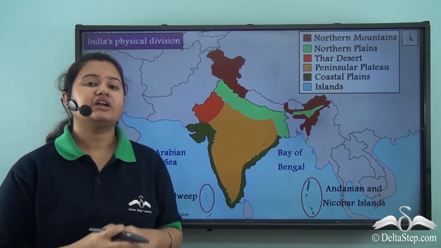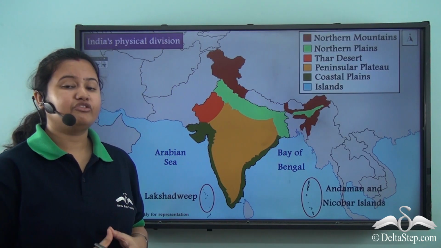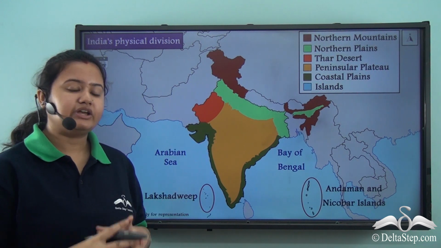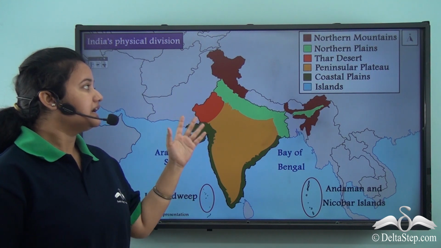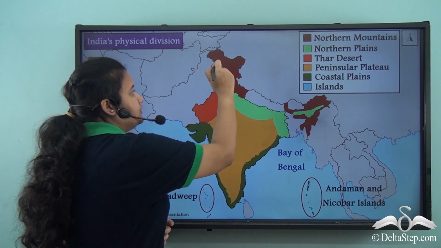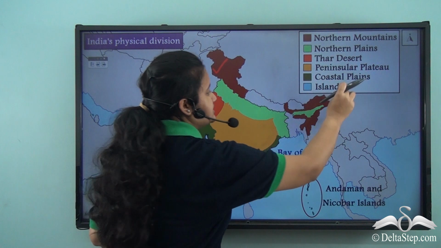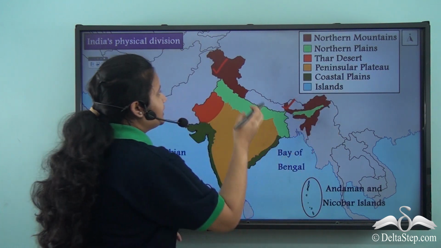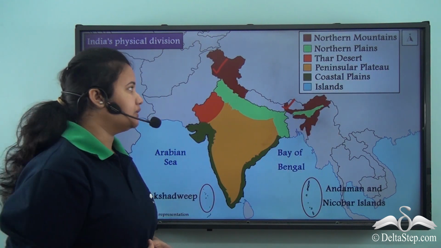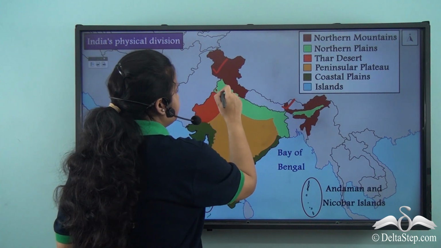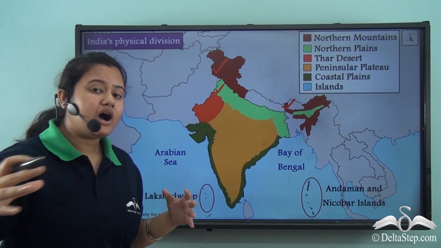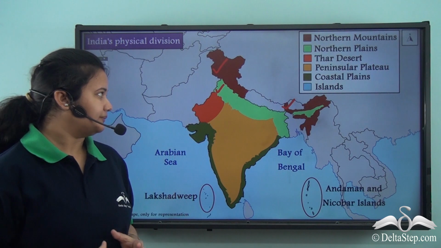So, here we come to the summary of the physical divisions of India. India consists of northern mountains that lie in the northernmost and northeastern part of the country. To the south of the northern mountains, we have the northern plains, which is a vast fertile region.